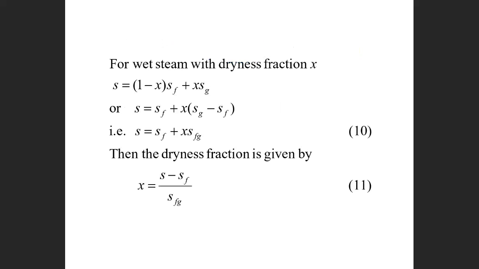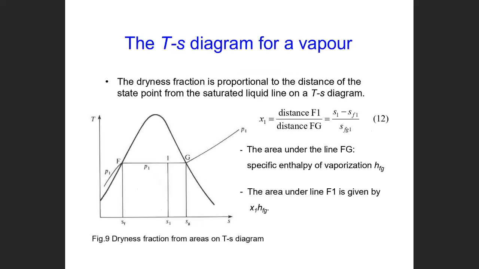For wet steam, we always need to calculate the dryness fraction. With the given entropies, we can calculate the dryness fraction, and with the calculated dryness fraction, we can find other properties.